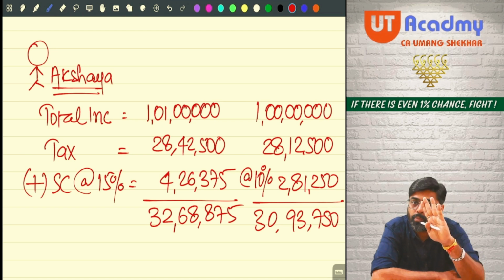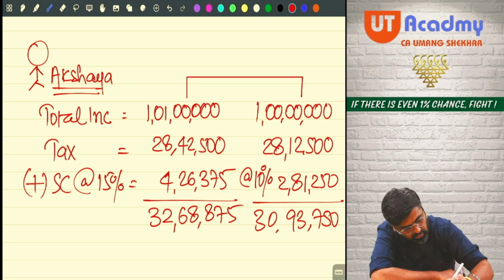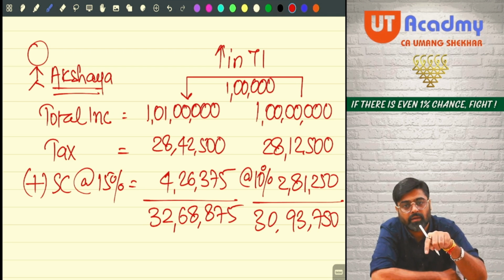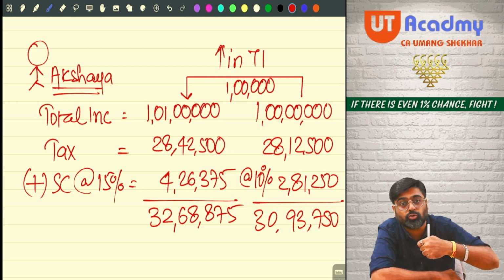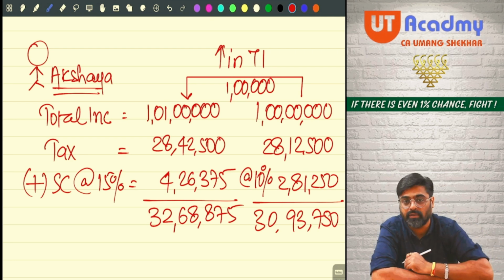Done? Now, please tell me, she will say that, sir, my total income is increasing by only 1 lakh rupees, sir. And as a result of that, with my tax, now I am supposed to pay surcharge at a higher rate, which is not 10%, which is 15%.